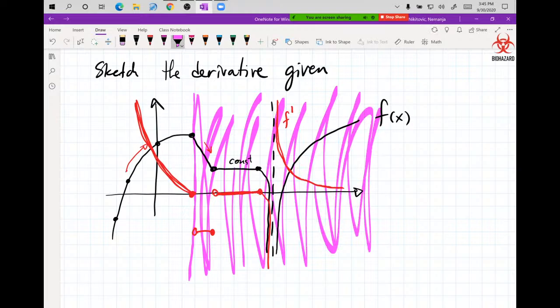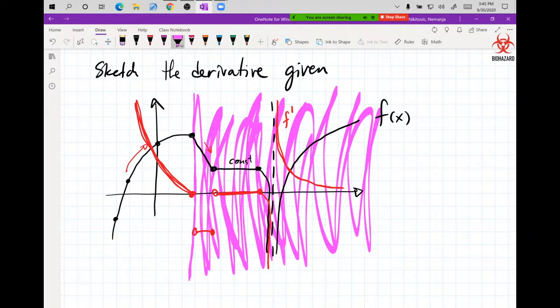It's gone, right? There's nothing there, nothing to see. We are only looking at the first part up to the first point where the function changes into a different function. We see increasing function, and increasing function means that you are going to have positive derivative, which is why we draw the curve above the x-axis.